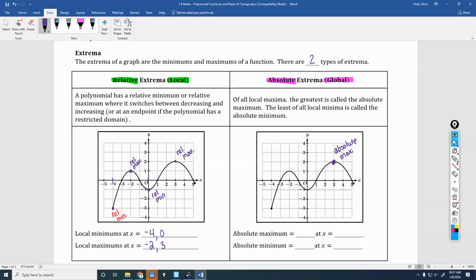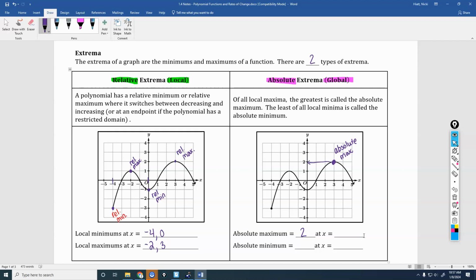Now, to report this, notice that they give us absolute maximum equals, at x equals. So if you ever have a question that says, what is the absolute maximum of f? The absolute maximum is the y coordinate. So we're going to say the absolute maximum in this case would be 2. It is the y coordinate. There's my maximum.